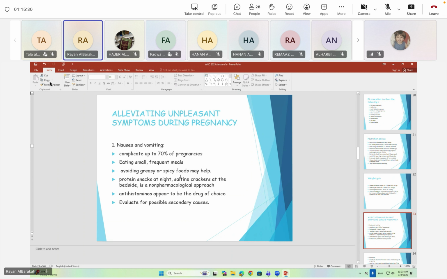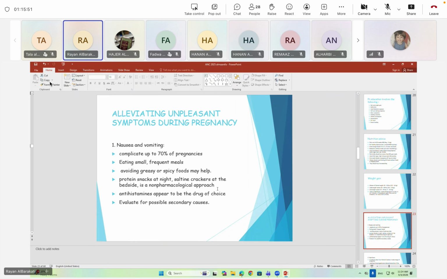We advise them to eat small, frequent meals, avoid greasy and spicy foods, have protein snacks at night, and salt and crackers at the bedside as a non-pharmacological approach. Antihistamines appear to be the drug of choice, and other medication like vitamin B complex.